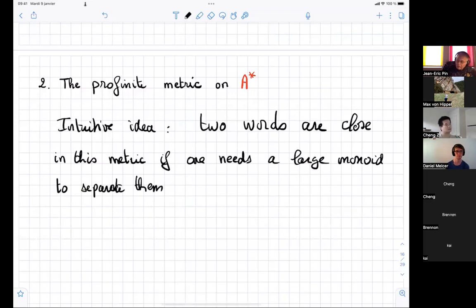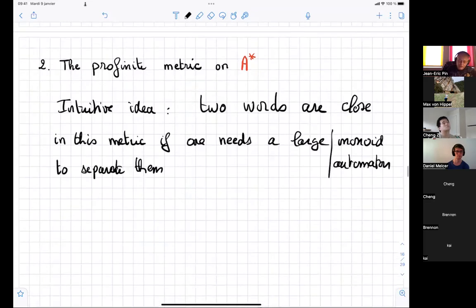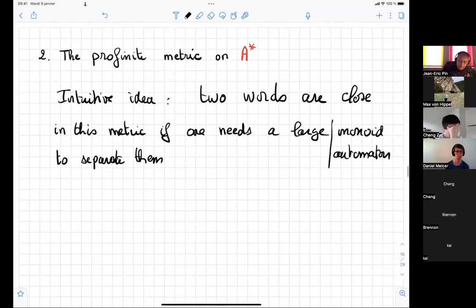And instead of monoid, I could use automaton, if you are more familiar with this. So what does it mean? It means that suppose, for instance, I have the words A to the n, well, these two words.